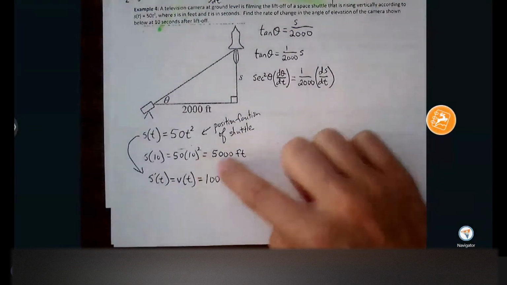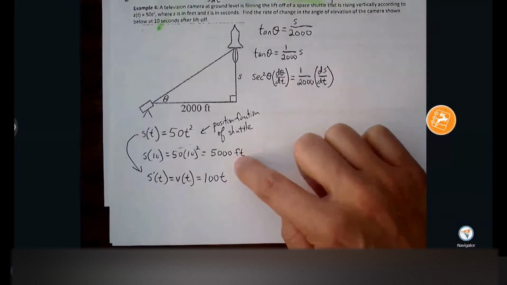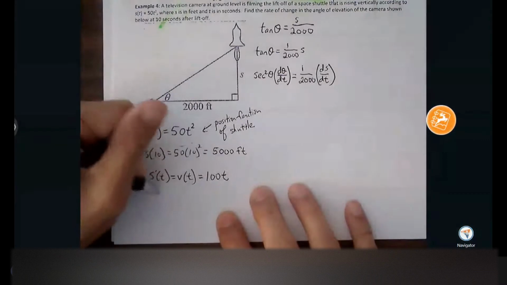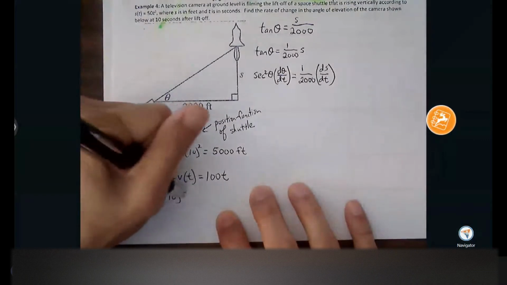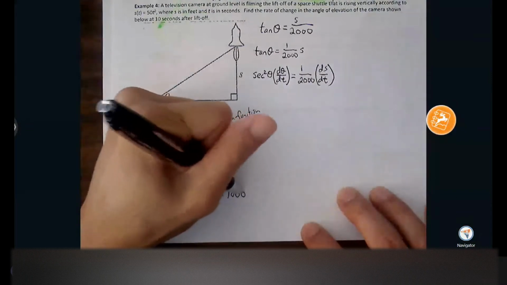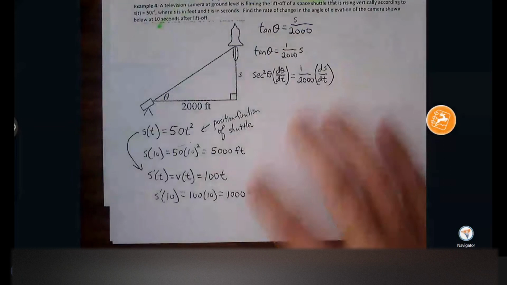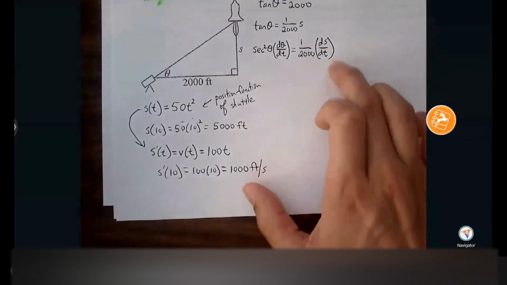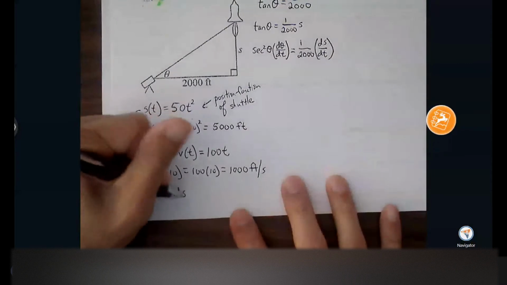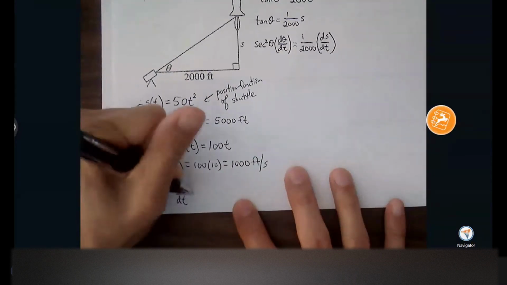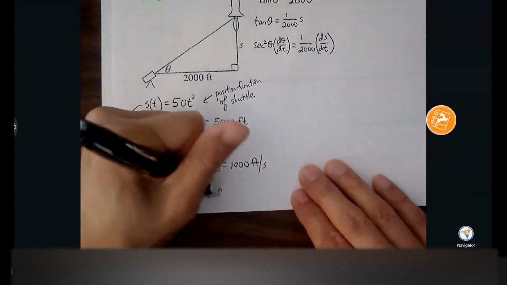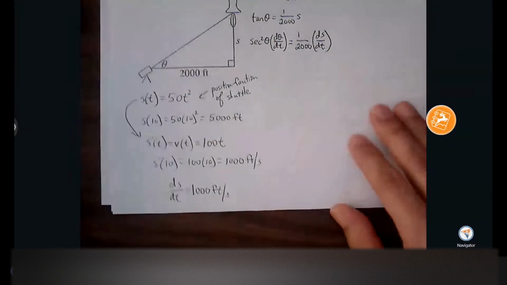We're concerned about 10 seconds after the shuttle lifts off, 5,000 feet, we want to figure out the velocity, so we can also plug 10 in for t. And the velocity is 1,000 feet per second, which is also ds dt. So S prime, V of t, ds dt, they all represent the same thing. They all tell us the rate of change or the velocity, right? Just different notation, different perspective.